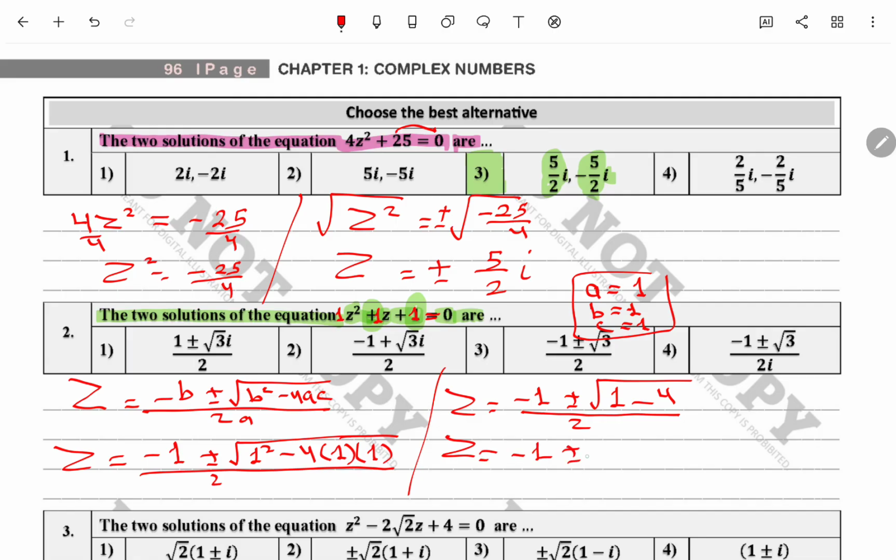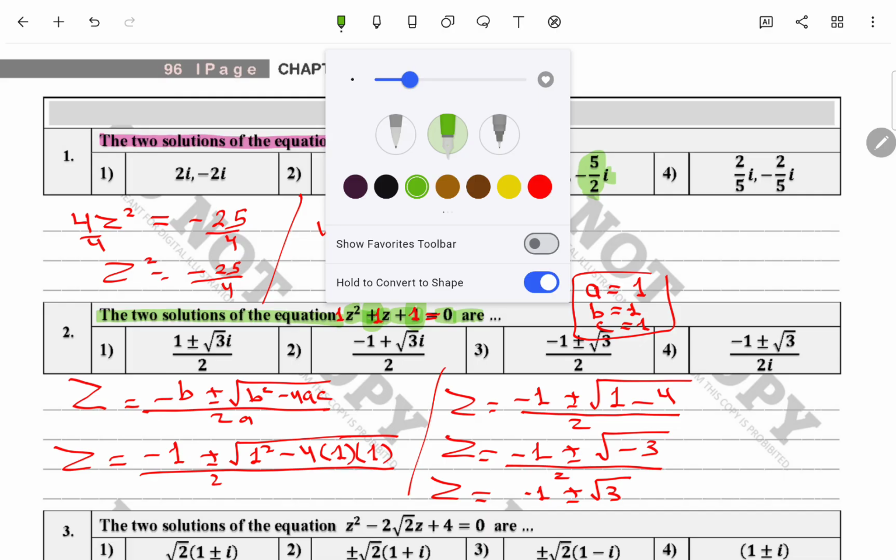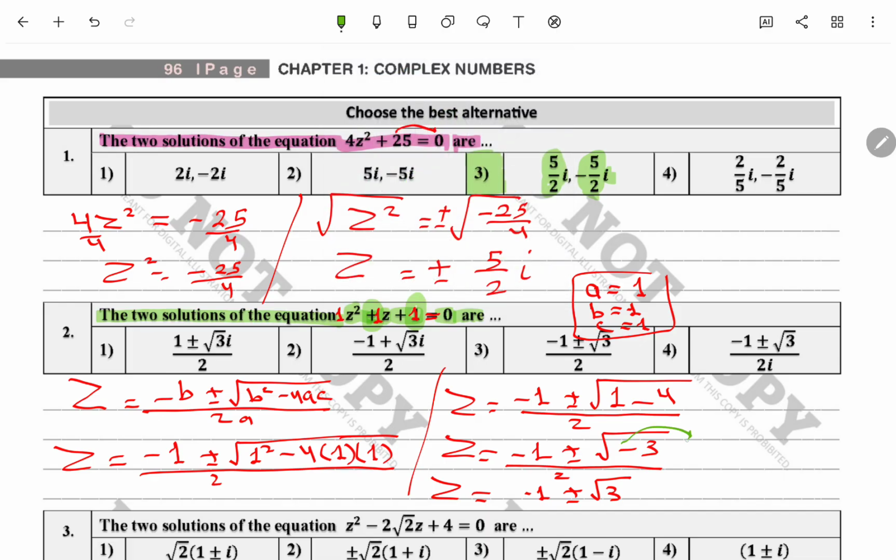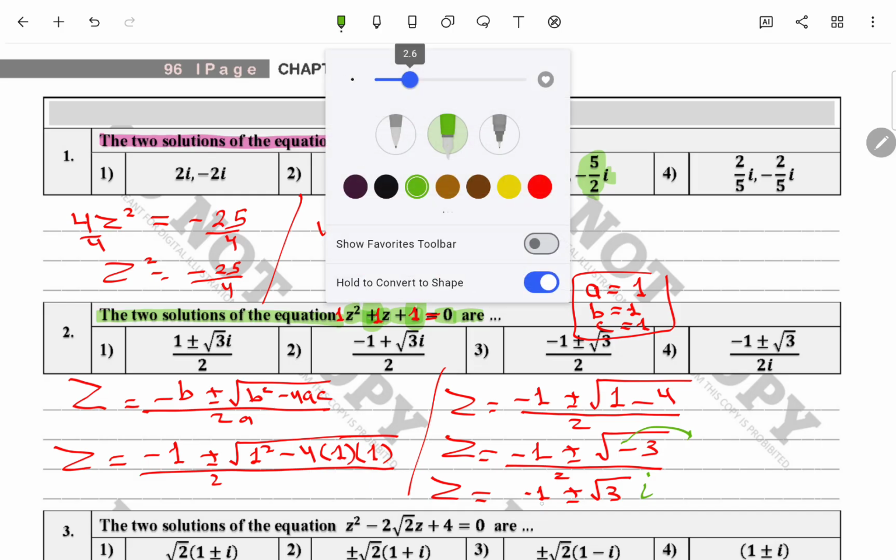If you subtract them, you get negative 3 over 2. That means z equals negative 1 plus and minus root of 3 stays under the root because it is not a perfect square, so it is irrational, and the negative goes outside to be i in the complex number. And all of that is divided by 2.